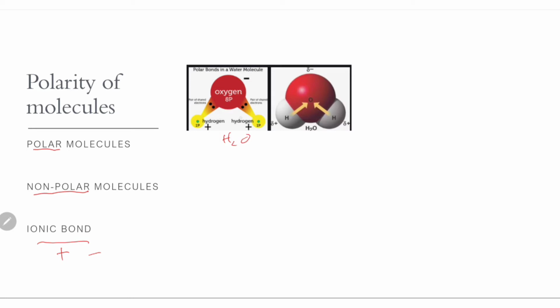Here you see the electronegativity of hydrogen is less than oxygen, so the bond pair between H and O, the electrons will be pulled toward O, oxygen, meaning that the cloud of electrons around the oxygen atom is the biggest.